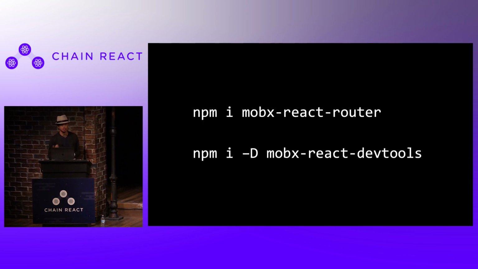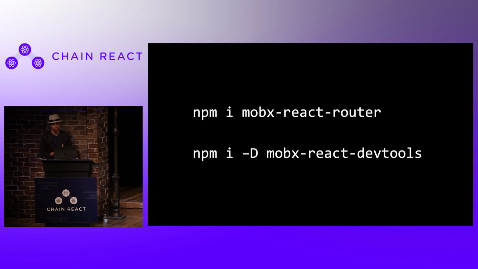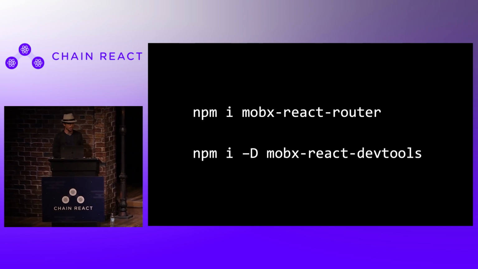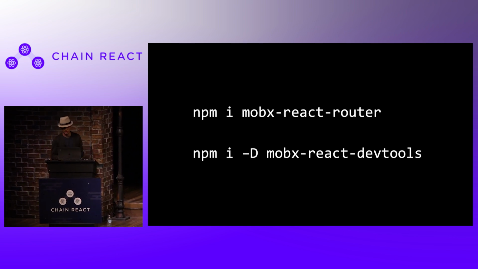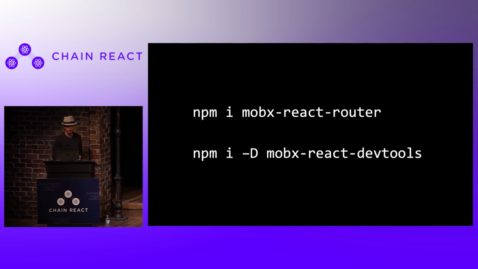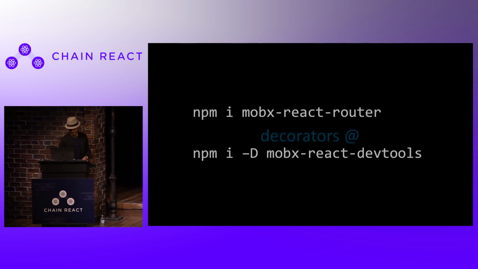Although when working on a React web app, you would also need to install this: mobx-react-router, which keeps your MobX state in sync with React Router via RouterStore. The other one is mobx-react-devtools, to track the rendering behavior and data dependencies of your app.